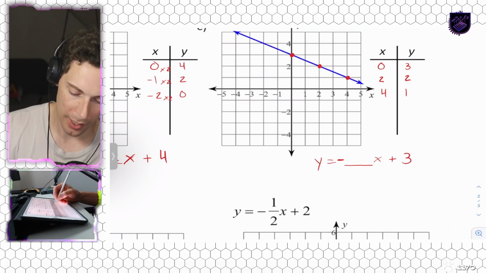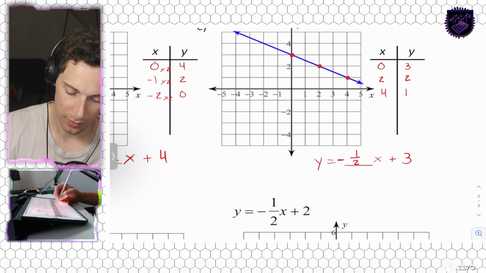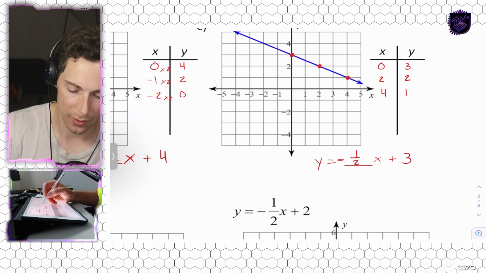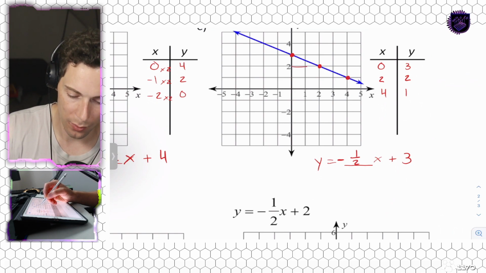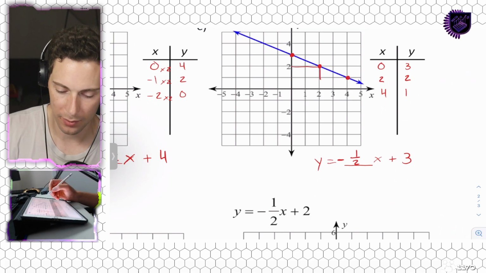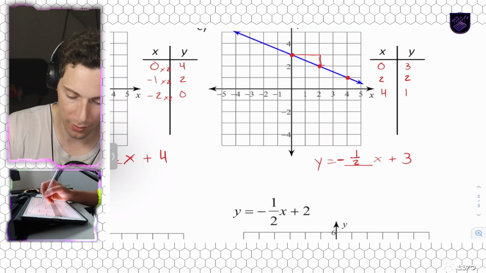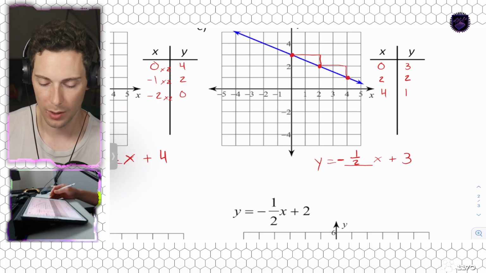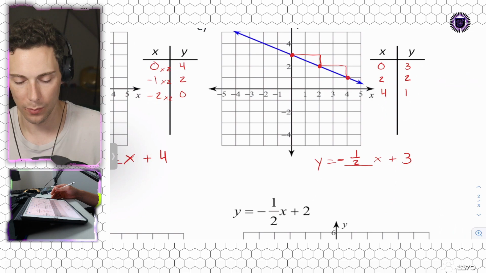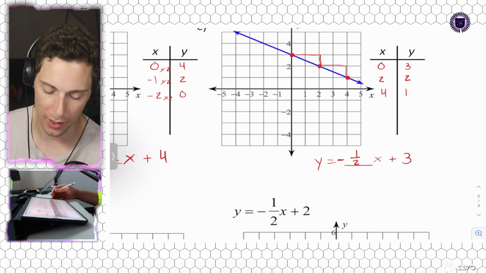So it's a negative 1/2 slope. And you can see that for every 2 over, it goes 1 down. Rise, negative 1, over run, 2.